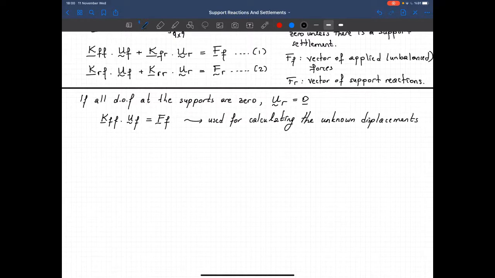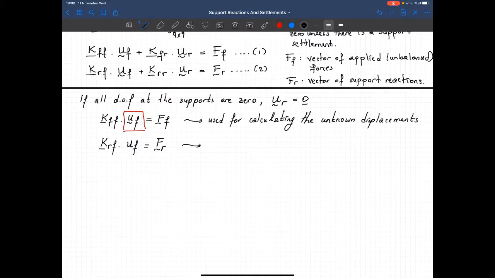Now, once we obtain that, from this equation we calculate UF. We obtain UF, and then we can use the second equation, KRF multiplied by UF will give us FR.